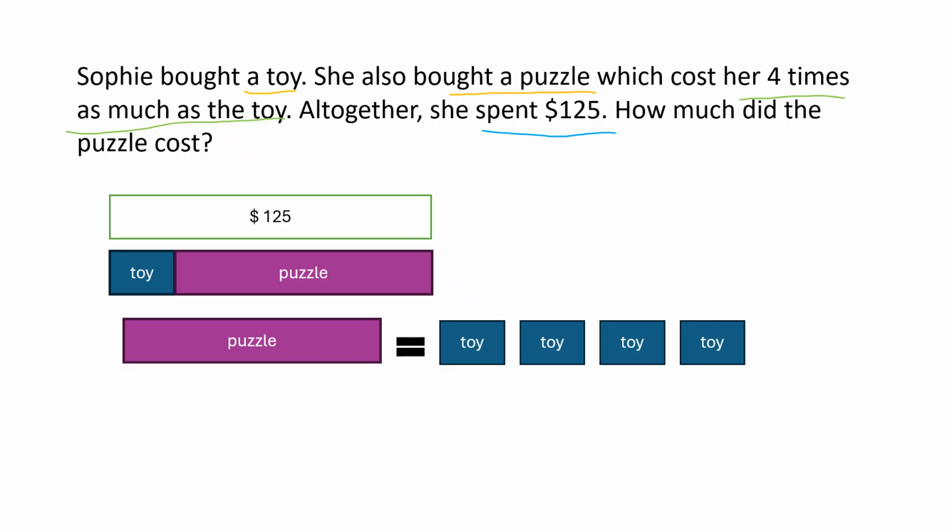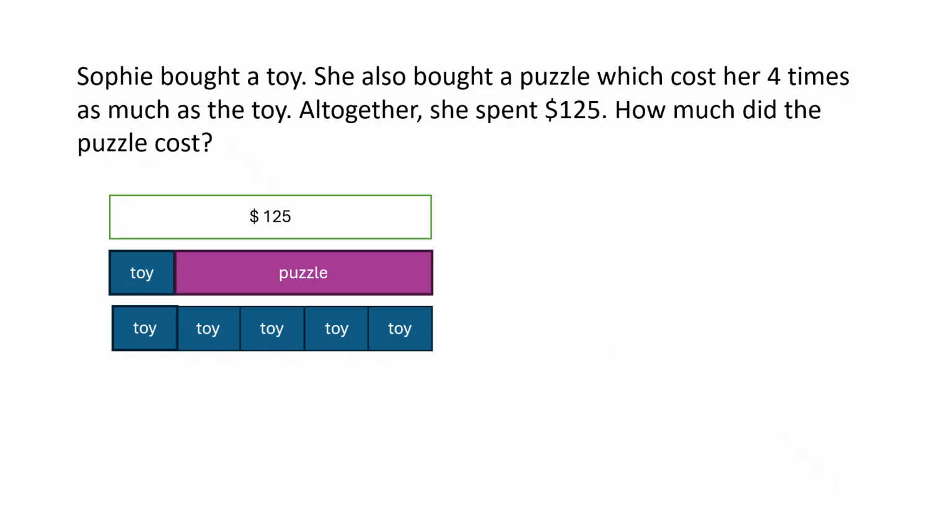So 4 toys cost the same as 1 puzzle. So really, instead of comparing puzzle and toy, we can put the puzzle in terms of toys, right? Because 1 puzzle is the same thing as buying 4 toys. So now we have everything in toys, which is a bit easier to calculate.